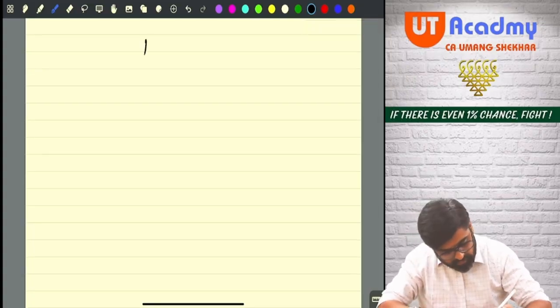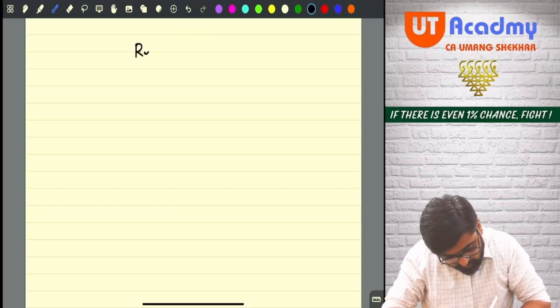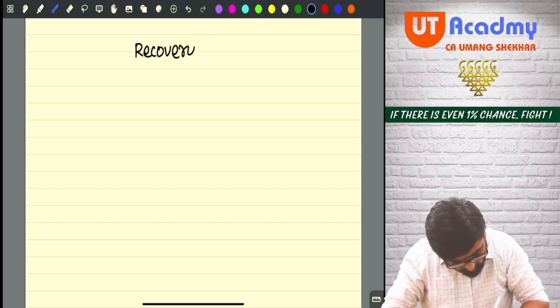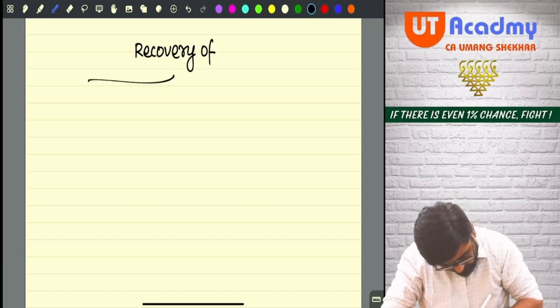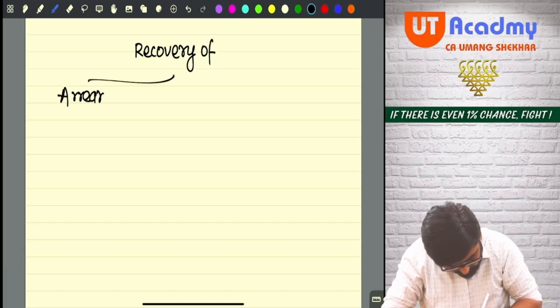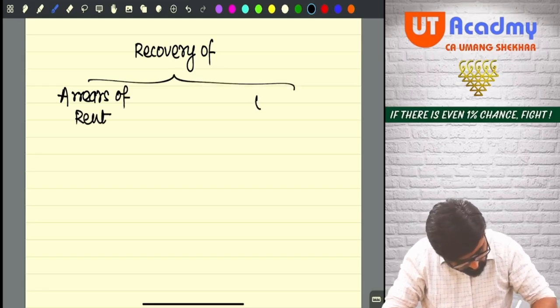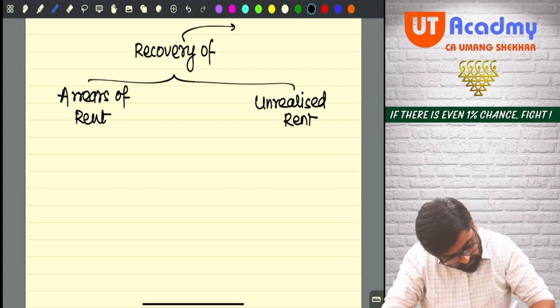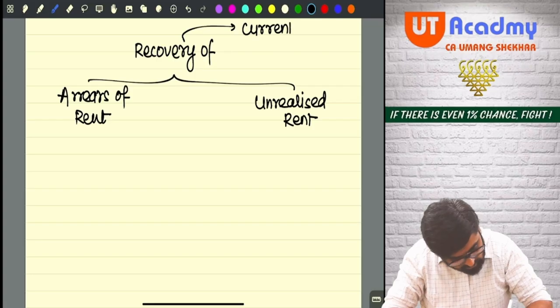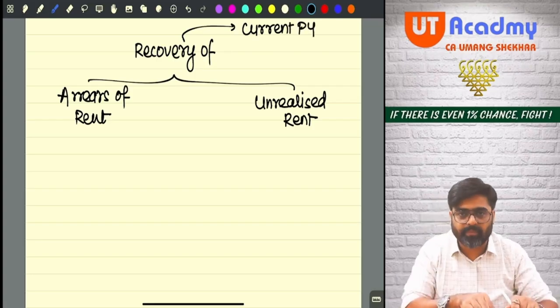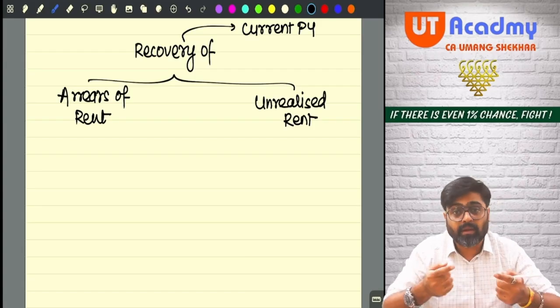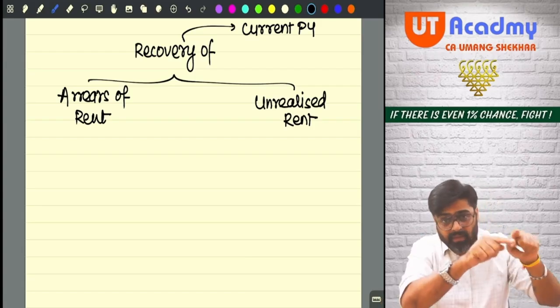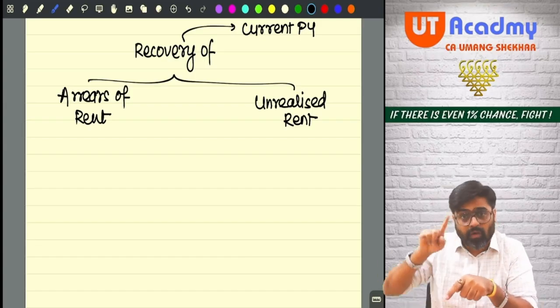recovery of arrears of rent and recovery of unrealized rent. This recovery is happening in the current previous year, meaning in my previous year the recovery is happening, but the rent which I am recovering in this year is arrears of rent of any earlier previous year.